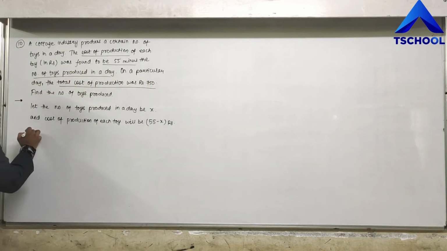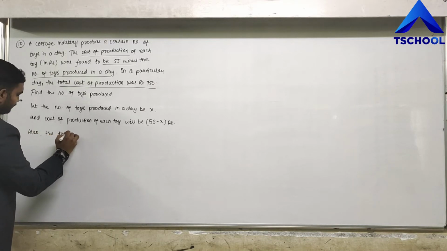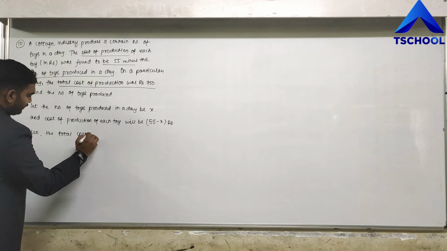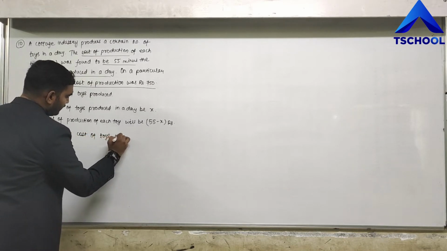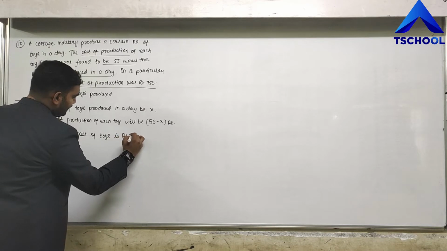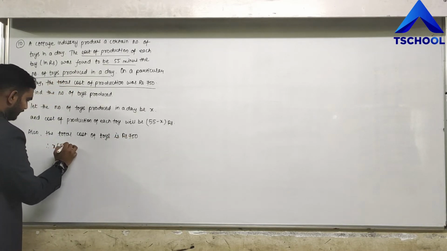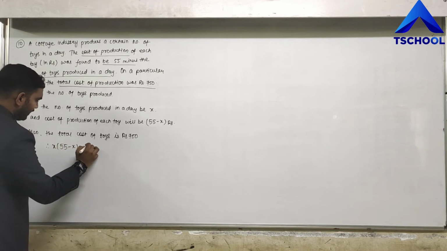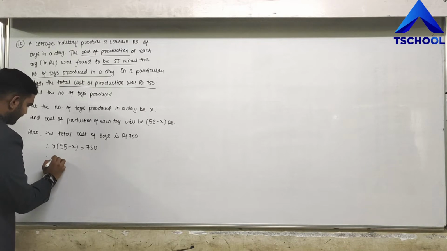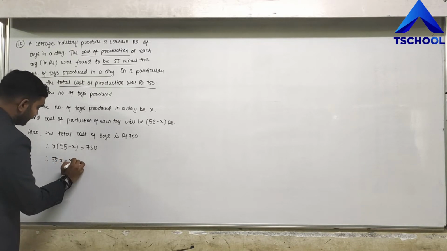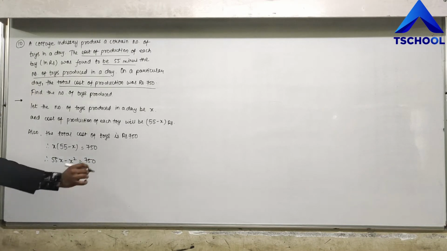Therefore, the total cost of toys is rupees 750. Therefore x into 55 minus x is equal to 750. Hence 55x minus x square is equal to 750.